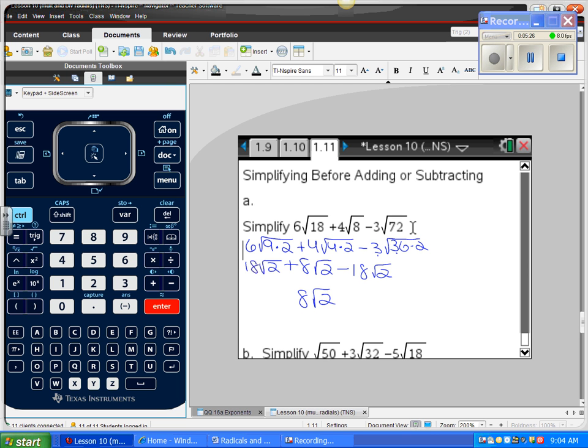Yep, all have like radicals, so we add or subtract their coefficients. So you're just doing what we have been doing the past couple days. You're reducing those radicals to find like radicals, and then you're adding or subtracting. You okay with that? All right, so why don't you try B? I'm going to pause here, and we'll come back and go over it.